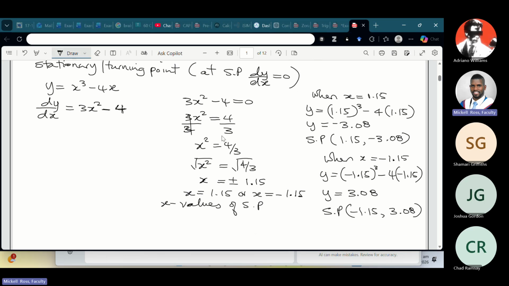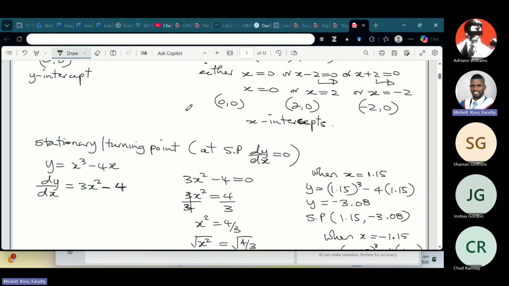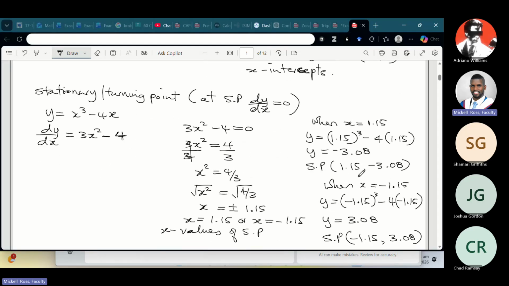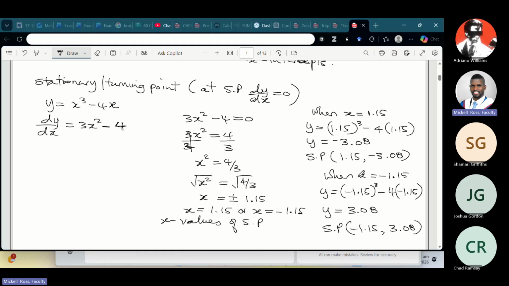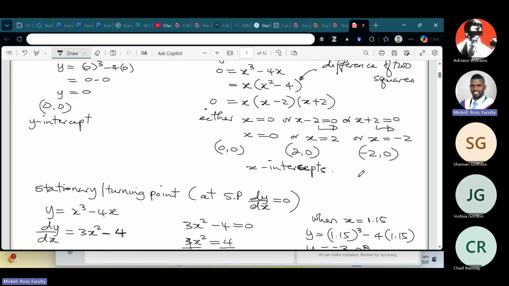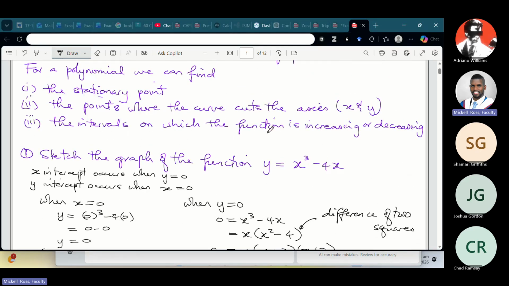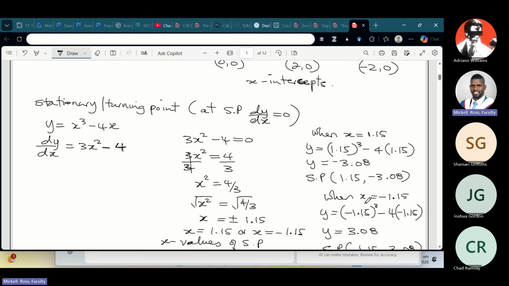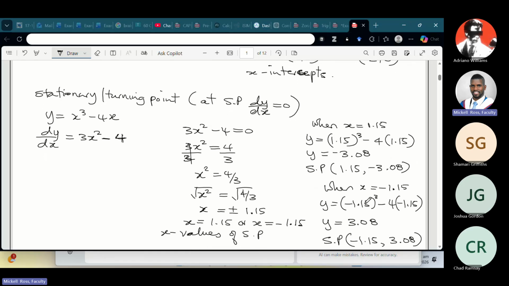So notice what we know. We know the points where the graph is going to touch the x and y axis, and we know the turning points of the graph, right? So what we can do also is to identify the intervals where the function is increasing or decreasing. So I'm going to give you a little time to finish writing this, and then we look at that aspect.